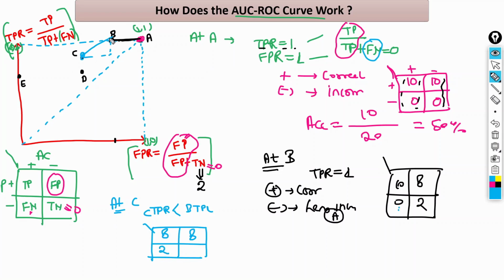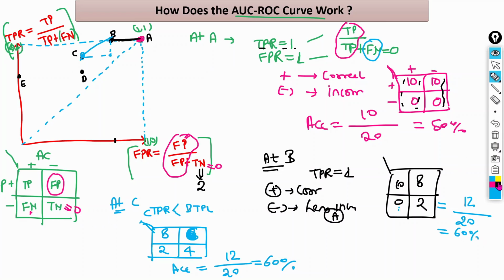If you see here, it is moving from B to C, and FPR will also be less as compared to point B. So this could be 6, and this could be 4, right? We can also check the accuracy at this point: 8 plus 4, 12 divided by 20, so we can say 60%.